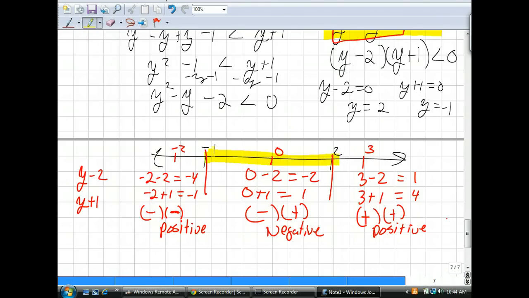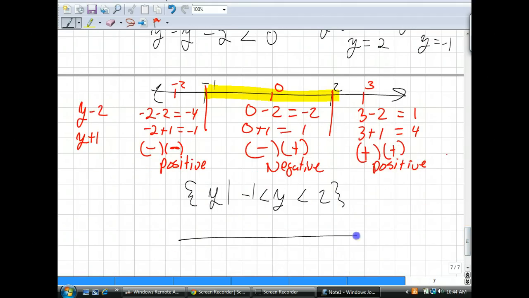It's this one. There's no equal involved, so it's all y such that y is greater than negative 1 and y is less than 2. And that's it.